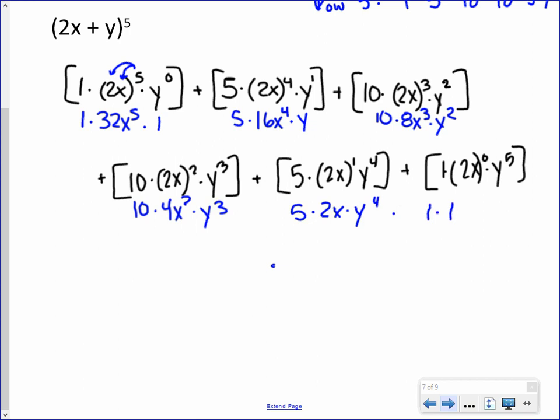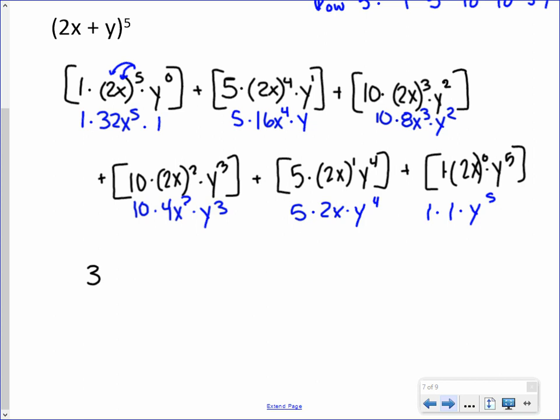And 1 times 1 times y to the 5th. So that would be my concern, that if there's a coefficient in the binomial, you don't raise that to the power as necessary, but it should change. It shouldn't be 2x to the 5th, 2x to the 4th, 2x cubed, etc.